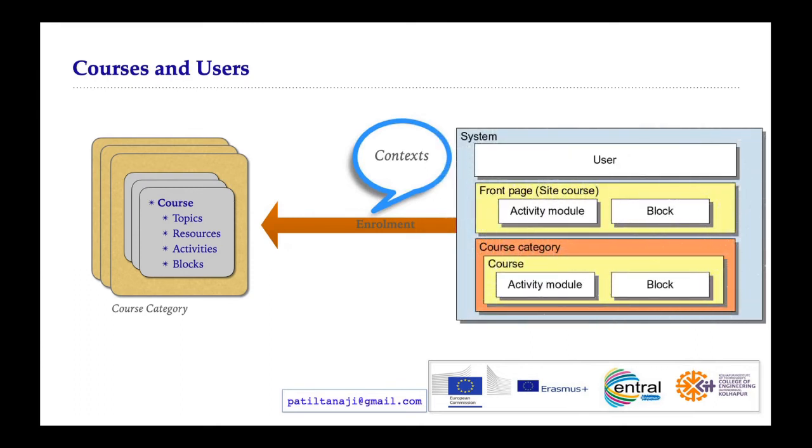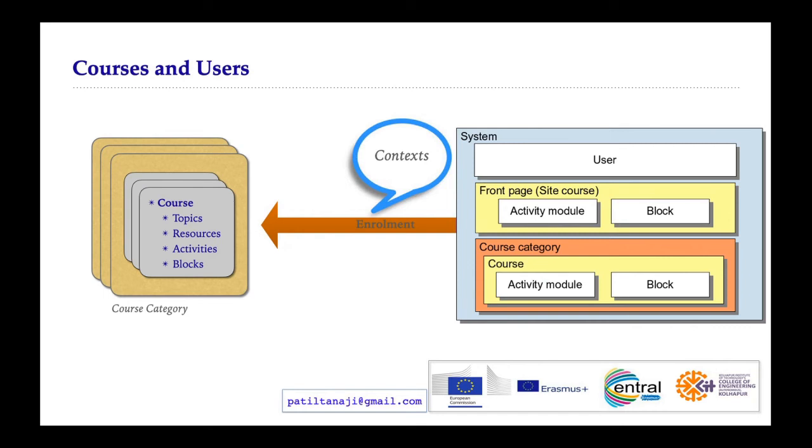Different contexts may be at a system level, maybe at a front page level. Course category is also a context, course is a context, even a single activity within a course could also be the context, activity or block.